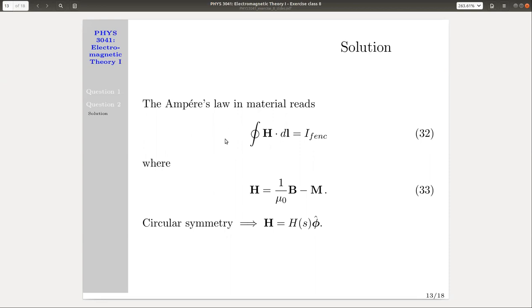But the law will be useful only when the system has some symmetry, and luckily we have a symmetry here.